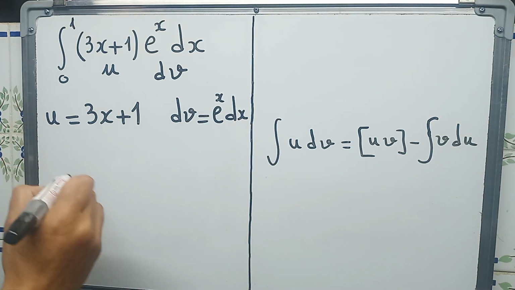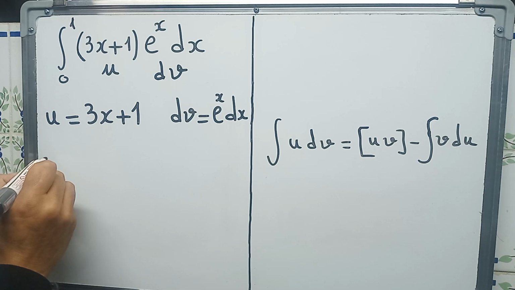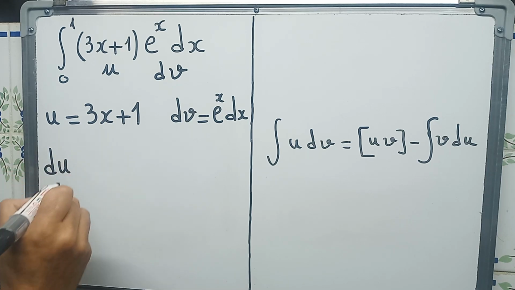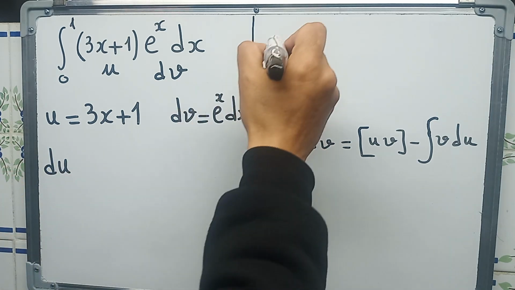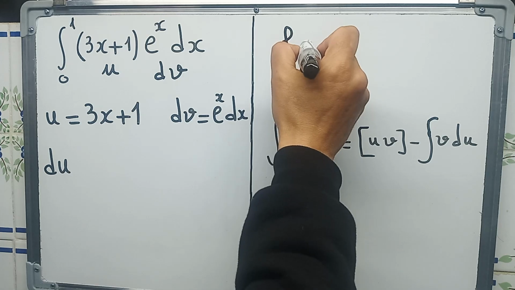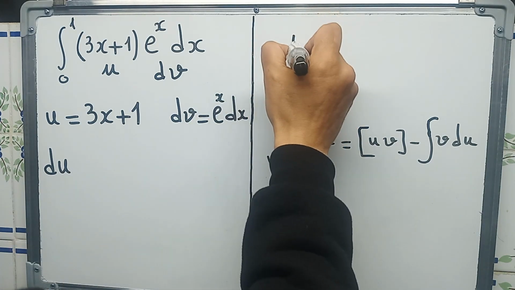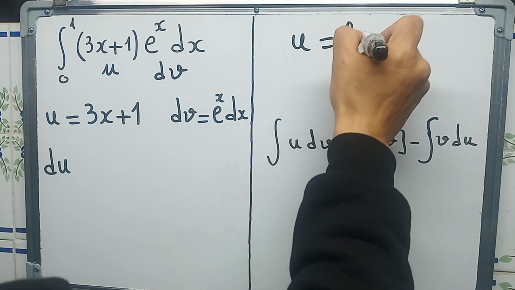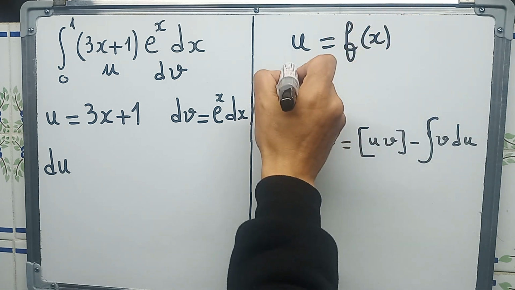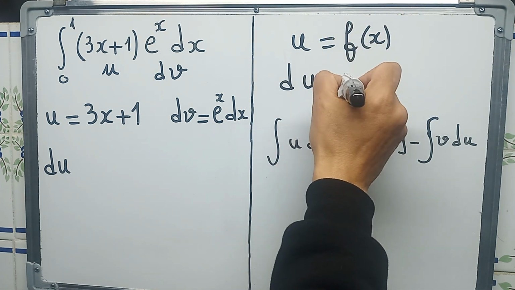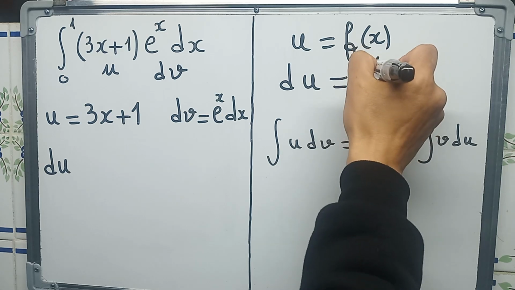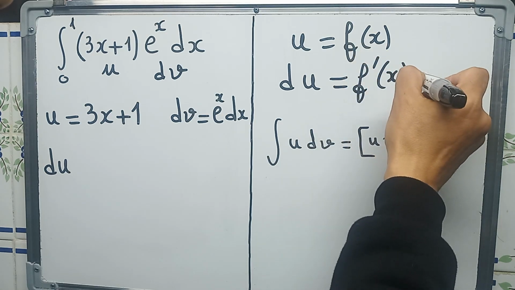And we evaluate the other terms, du. We know that if we have u equals f of x, du is equal to f prime of x dx.